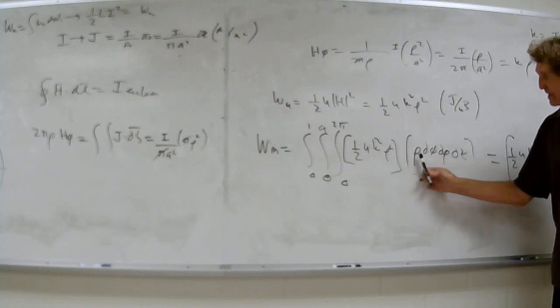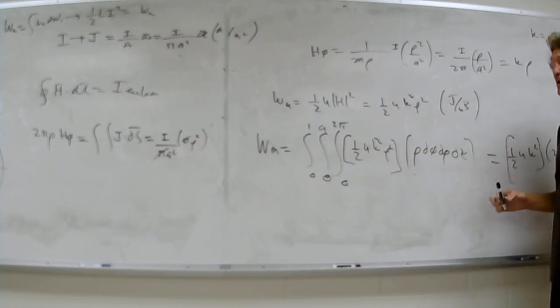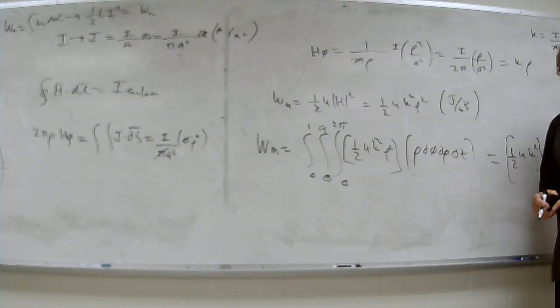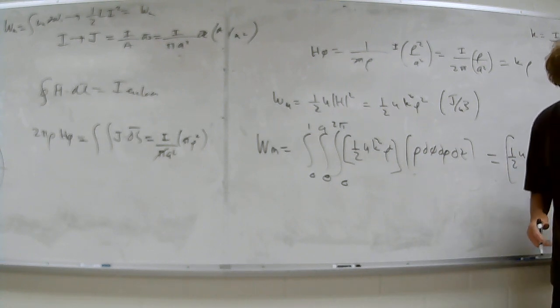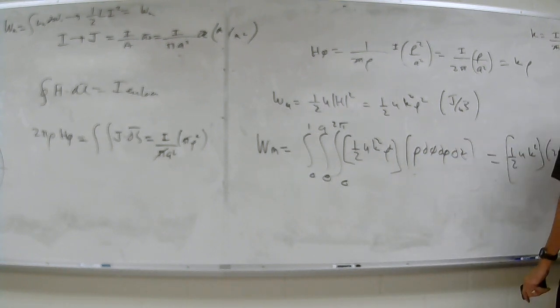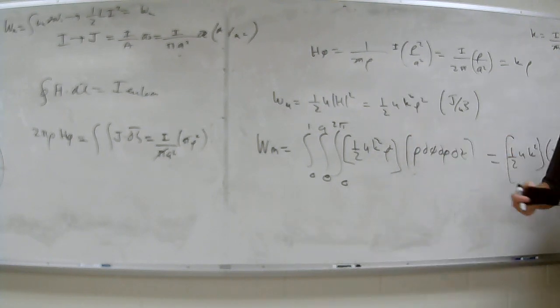Rho squared times rho is rho cubed. Integrating d rho gives rho to the 4th over 4, from 0 to a, which is a to the 4th over 4. Not done yet. Then dz from 0 to 1 is 1. Thank God for 1. I love those kinds of intervals. So that's the energy inside here.